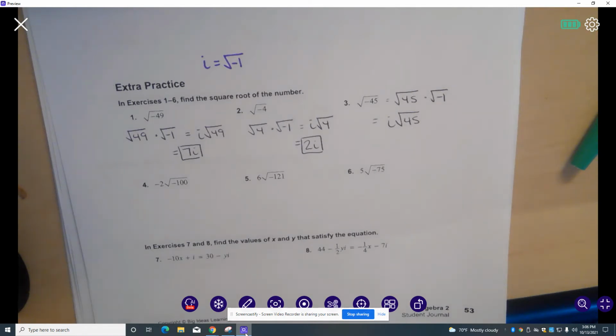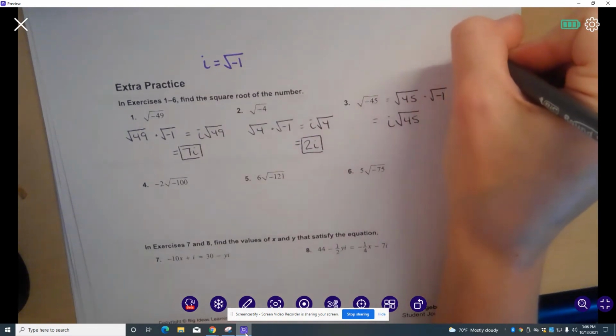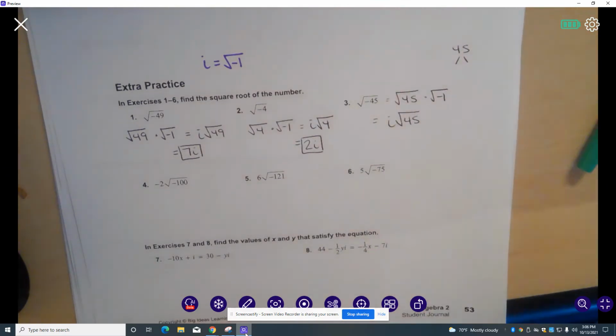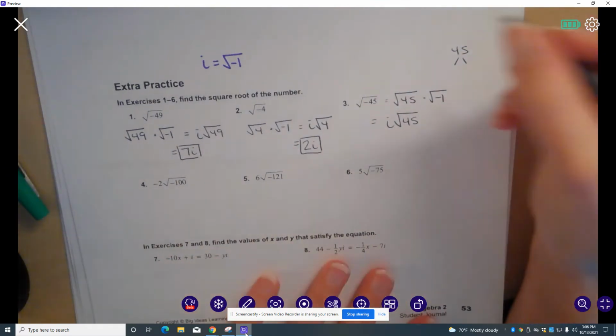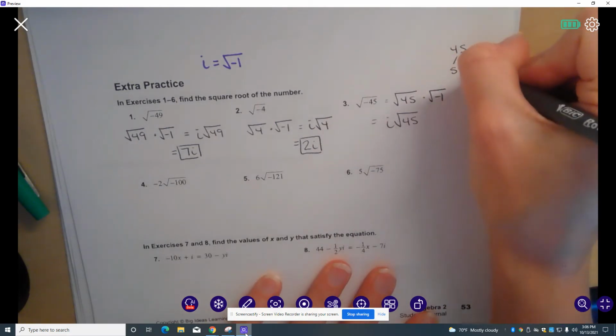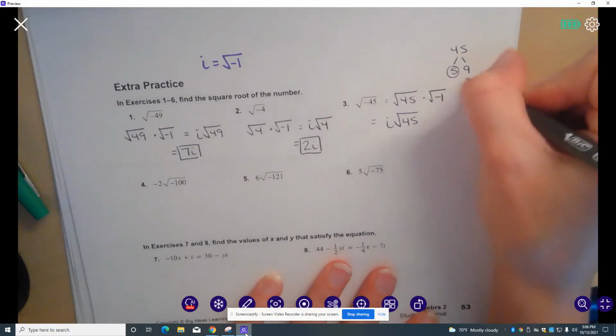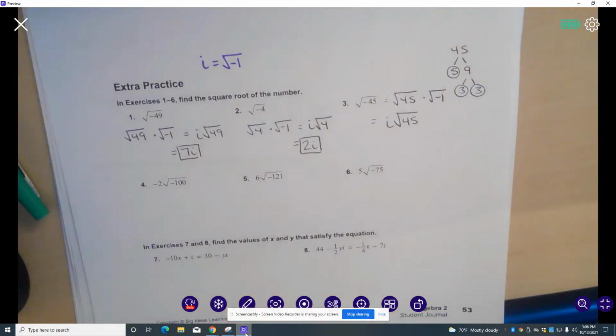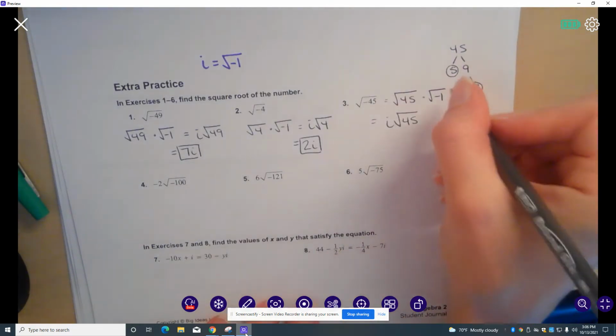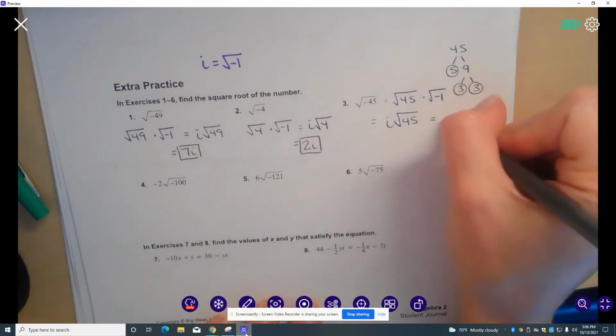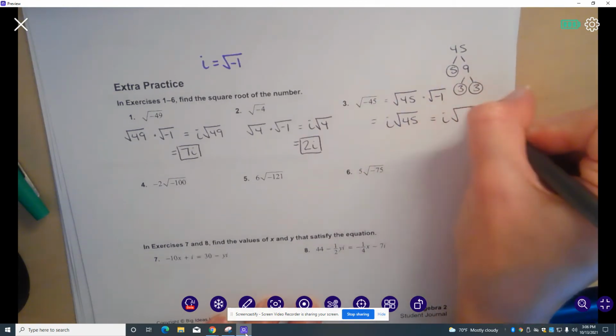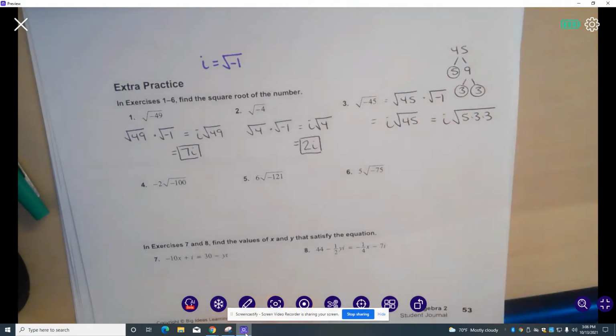So I want to use my jailbreak method. Remember, you can take 45 and find the prime factors. So you have 5 times 9, and 9 breaks up into 3 times 3. So I'm going to rewrite this as i times the square root of 5 times 3 times 3.